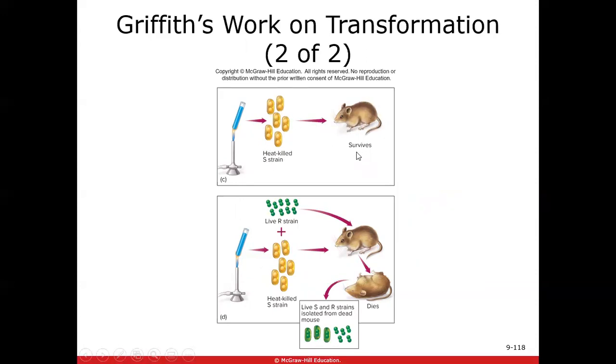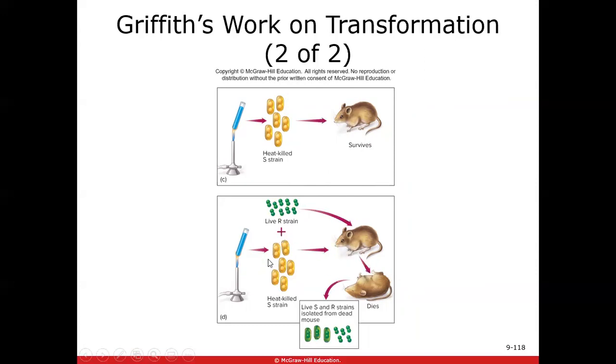It's injected with it. But now if you have heat killed S strain, but then you have a live R strain. Remember, R strain did not cause the host to die. And you have killed S strain, and these two come together. The result is that it will kill the host.